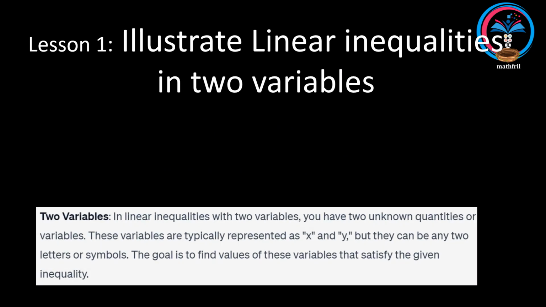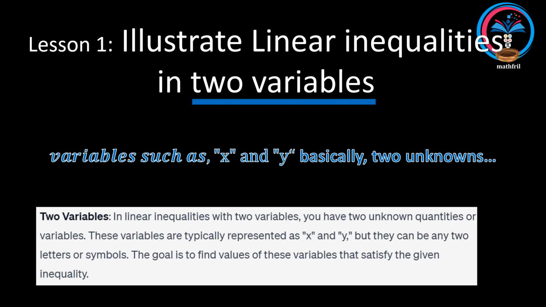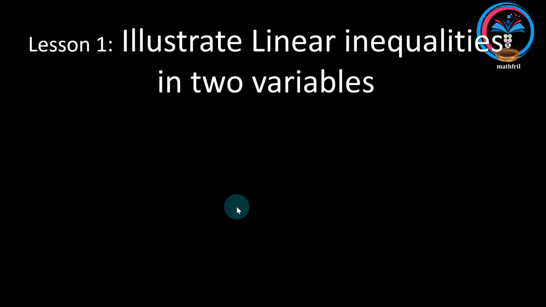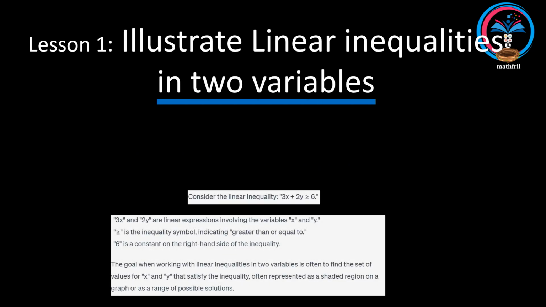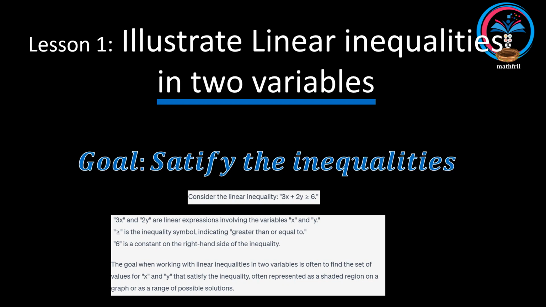And if we talk about two variables, we are actually referring to the concept of two unknowns. They can be any two letters or symbols. The goal is to satisfy the given inequality. To give you an example, 3x plus 2y greater than or equal to 6.